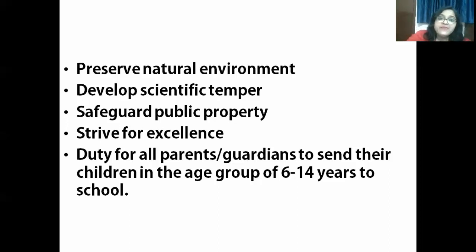We should save our public property, because public property is for the use of each and every citizen. So we should not harm public property. We should strive for excellence. We should do our best for the betterment of society and the country.